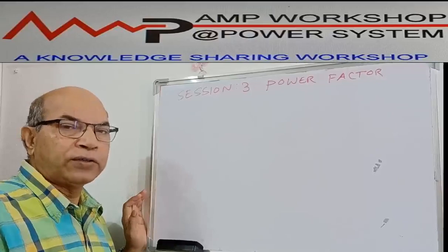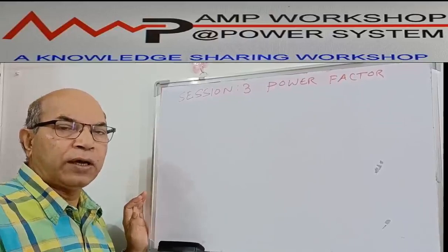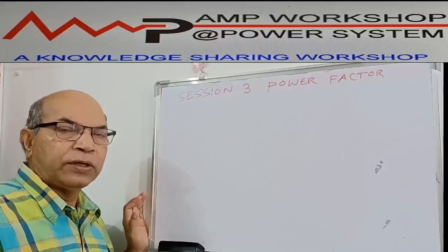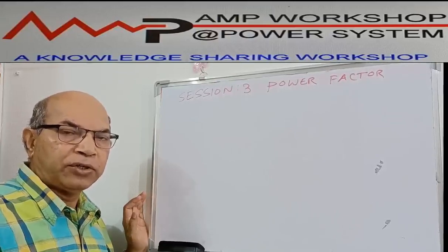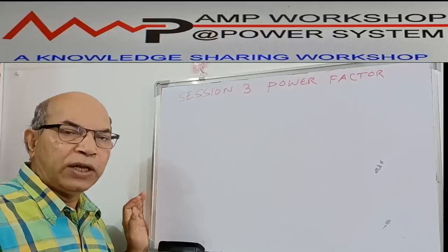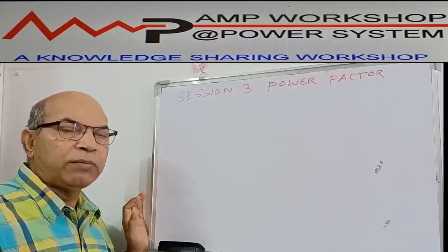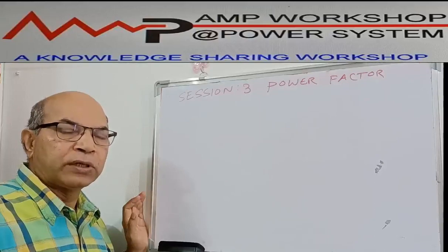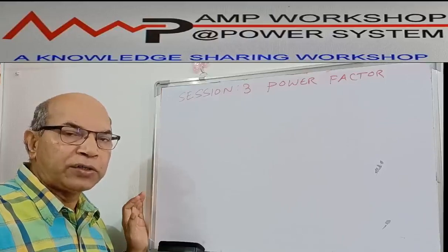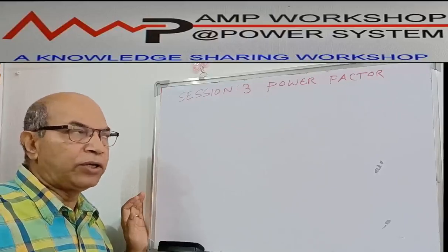We have already discussed two sessions. In session 1, we discussed entire power system protection, and in session 2, we discussed hazardous area classification and evaluation and application of various electrical and instrument equipment in the hazardous area, as well as the various principles on which hazardous area electrical instrument equipment are designed, manufactured, including troubleshooting and maintenance.